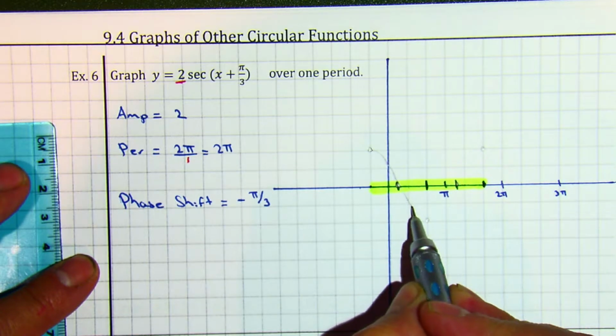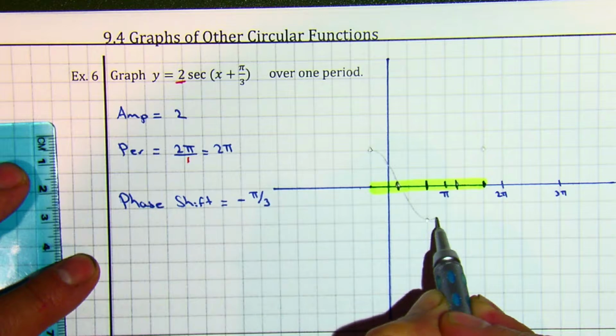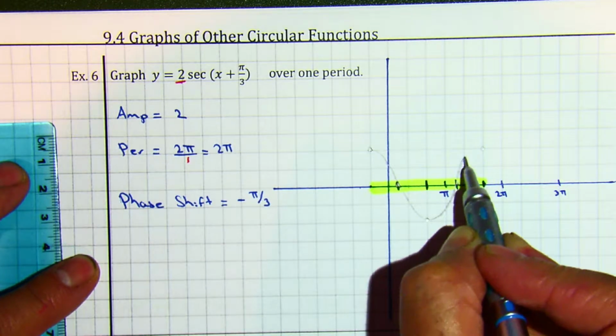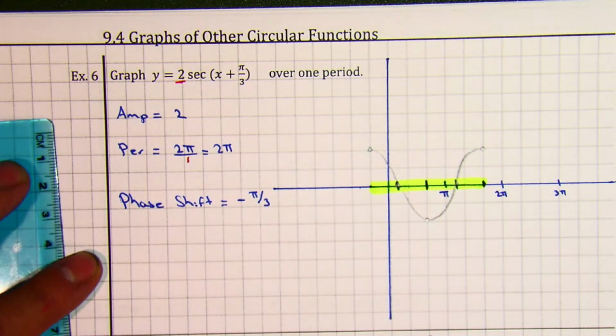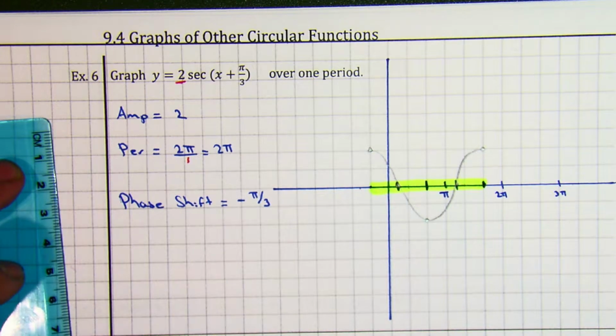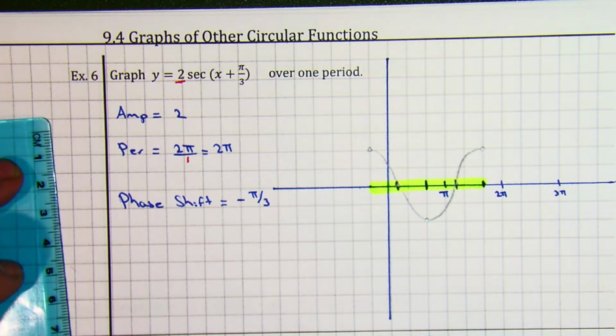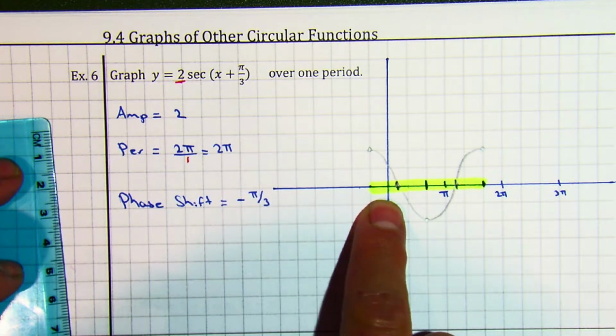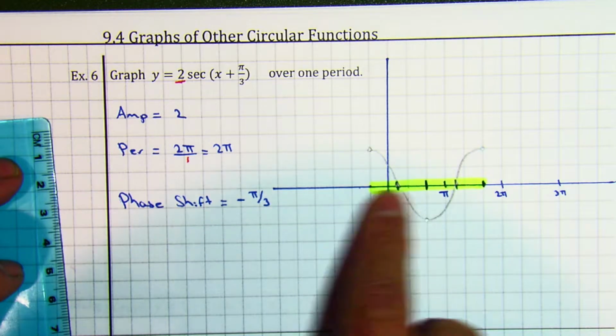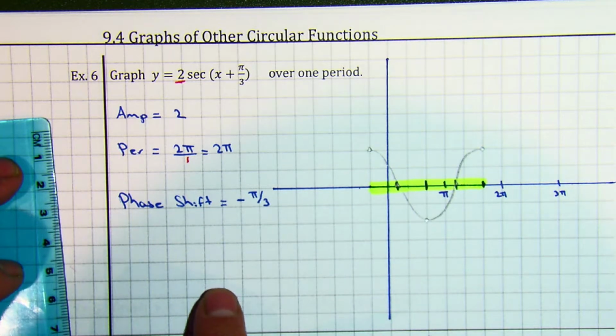So therefore my cosine graph will look something like this. Come down, pick this up, and curve. That'll be the cosine of this function, shifted to the left pi over 3, amplitude 2, period is 2 pi, which is 6 squares.